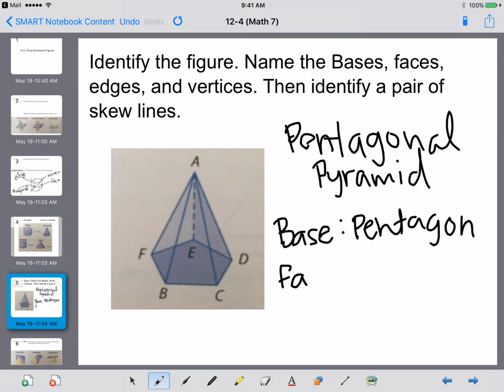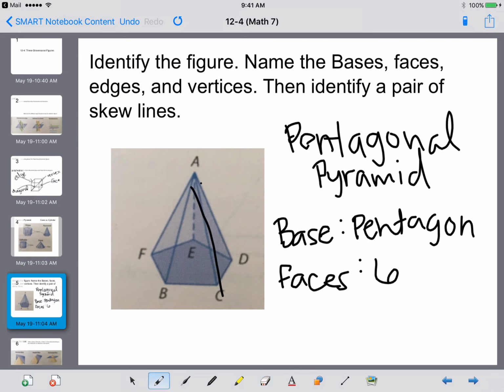Its faces, I'm going to count the faces. So it has our bottom face down here. It has this side, so 3, 4, 5, and 6. So there are 6 faces, all of the sides leading up to the top of the pyramid, as well as our base. Our edges we need to count.